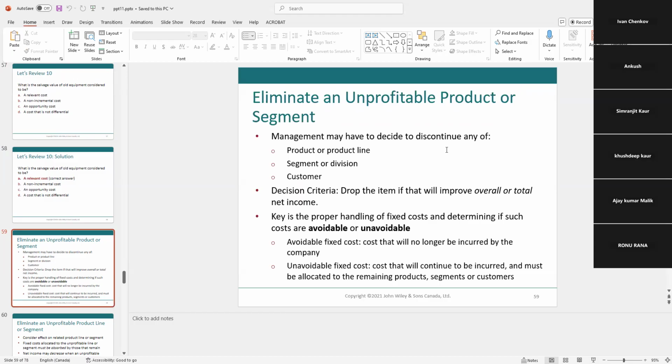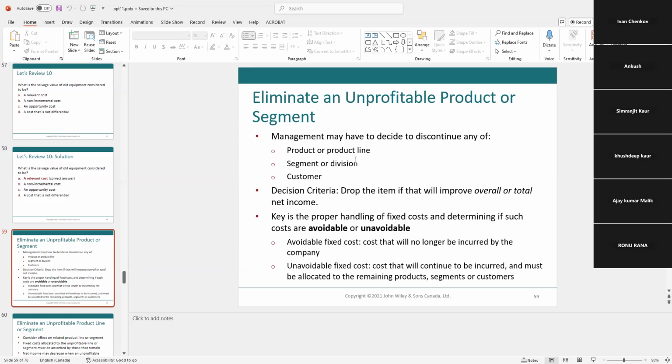Should I discontinue a product, product line, segment, or the entire division, or should I cut the customer? Now, obviously, the decision criterion will be: as long as you improve the overall picture, yes, go for it. It means that if dropping the product increases net income, you should drop the product.